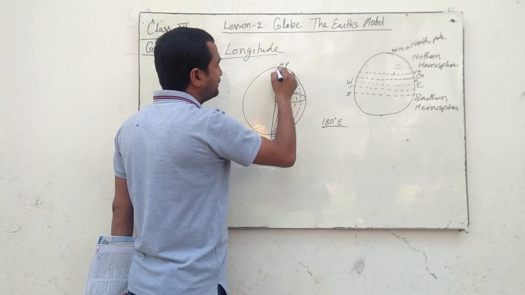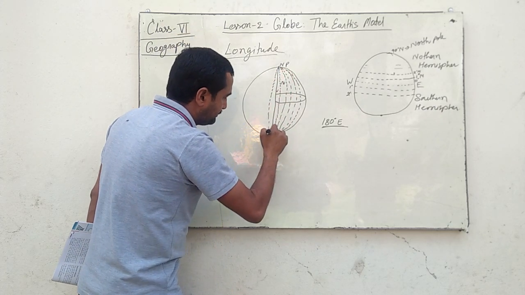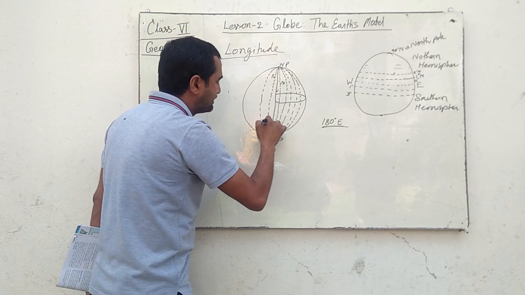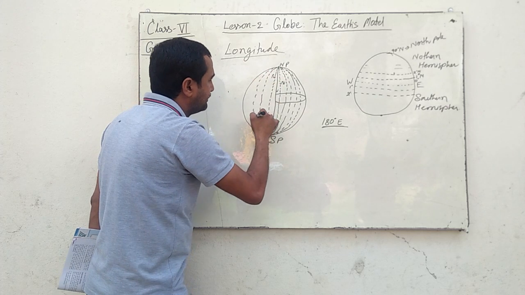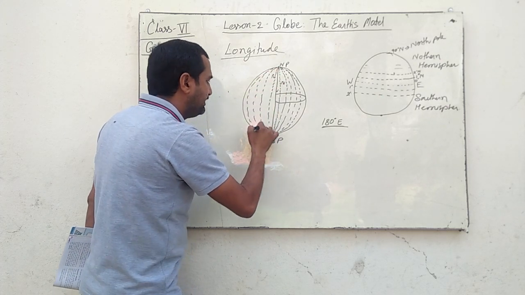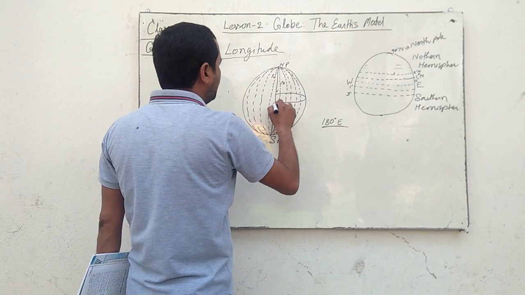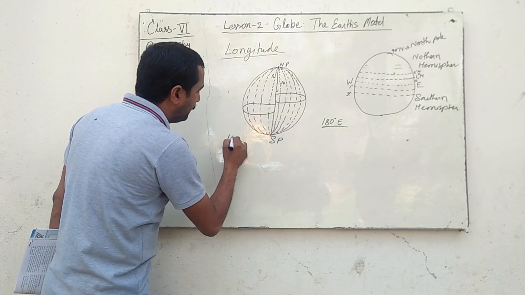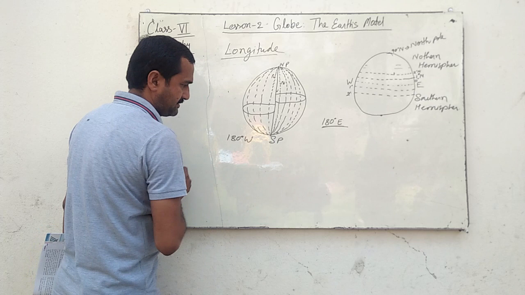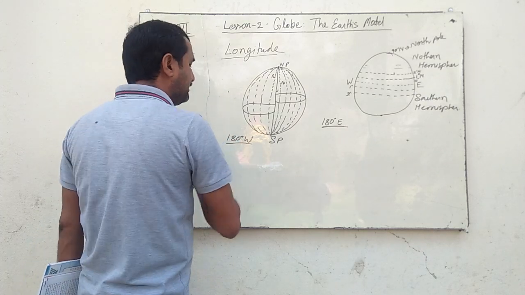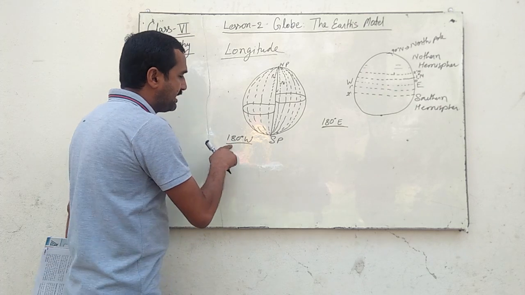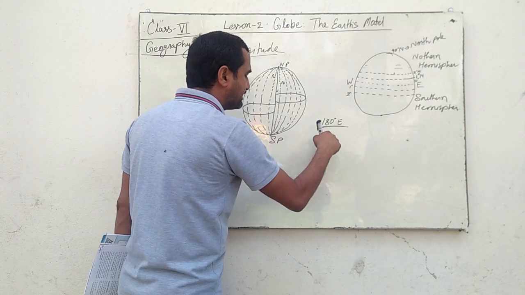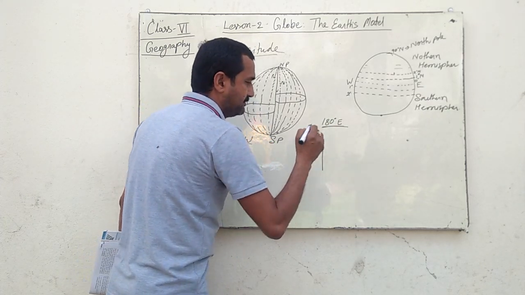Similarly, if we move towards west, 1 degree west, 2 degree west, 3 degree west, 4 degree west. In this way, if we continue, we will move again behind the globe, and that line will be 180 degree west. Children, it is very important to note that 180 degree west and 180 degree east both are one line.